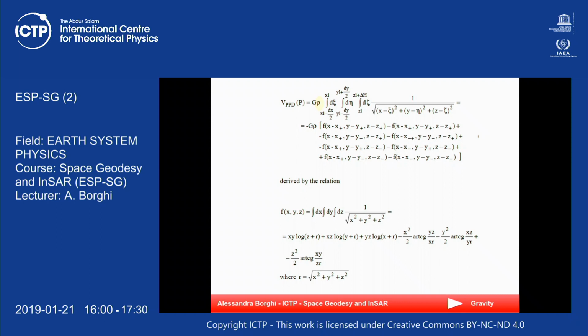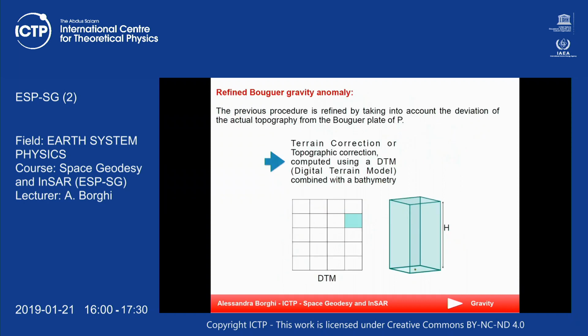And okay, now we are speaking about parallelepipeds. To be honest, because the height could be very high, of course, we can see the effect of the curvature of the Earth.